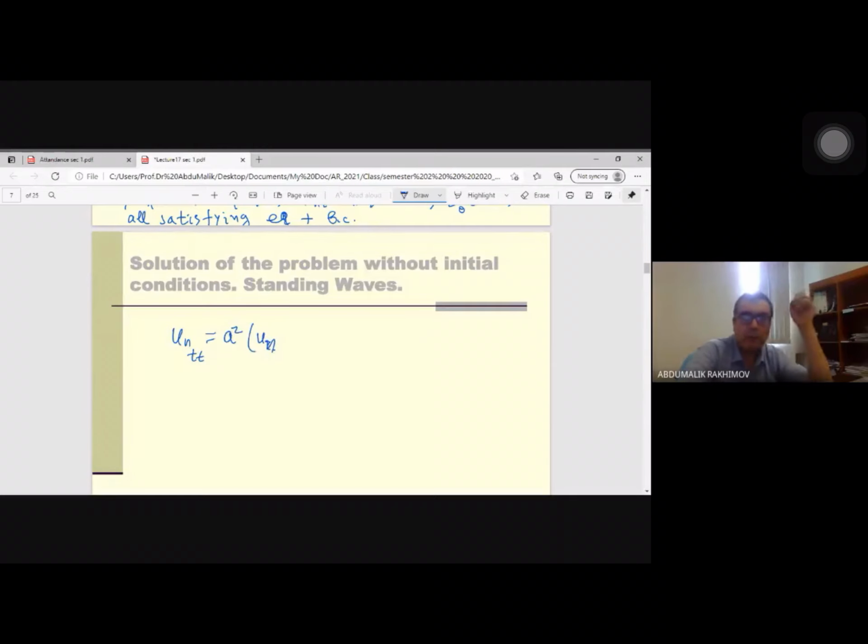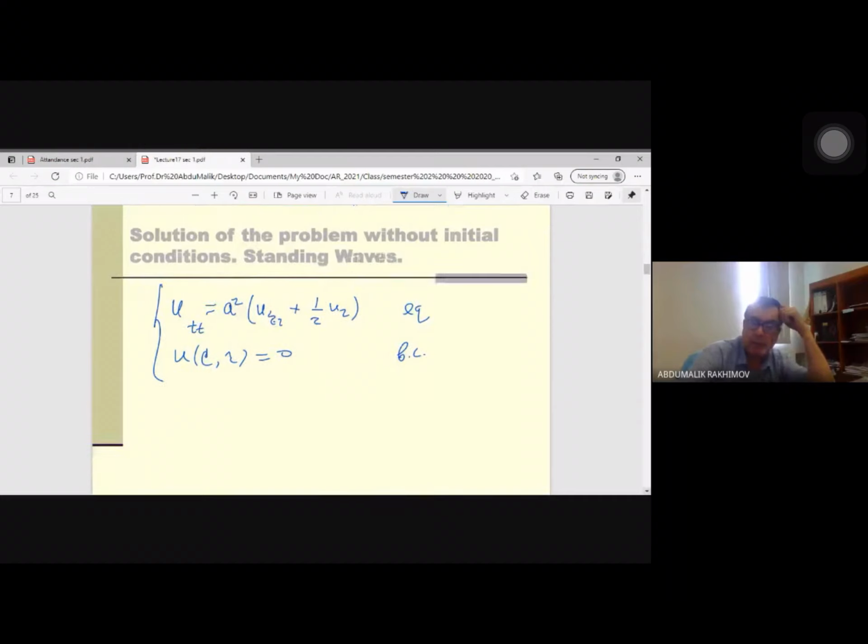Let me write without n, maybe it's better: u_tt is equal to u_rr plus 1 over r u_r. So a standing wave satisfies this problem, the problem without initial conditions, only the equation and boundary condition, right? So our standing waves are above, a product of Tn and Rn.